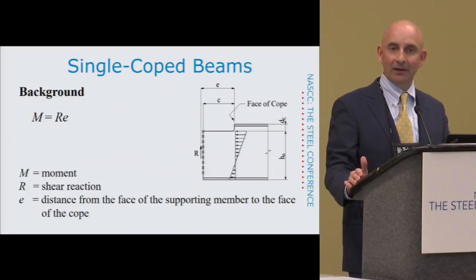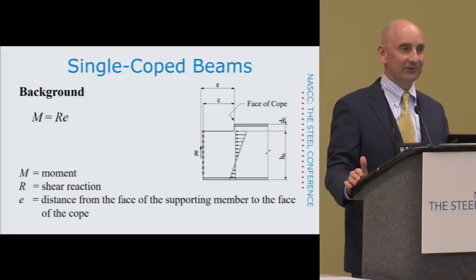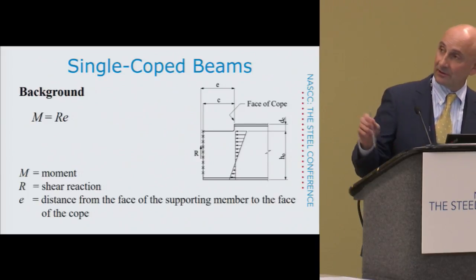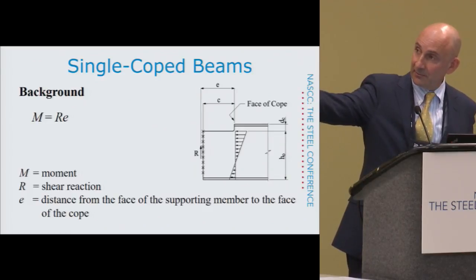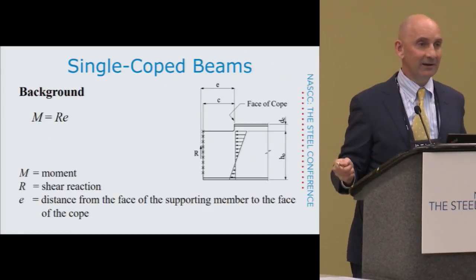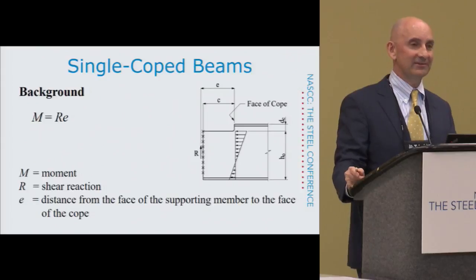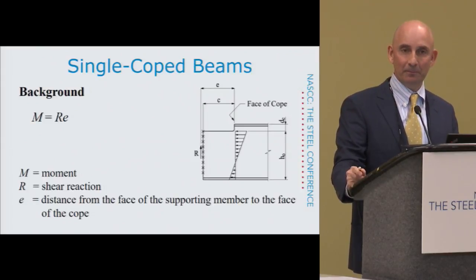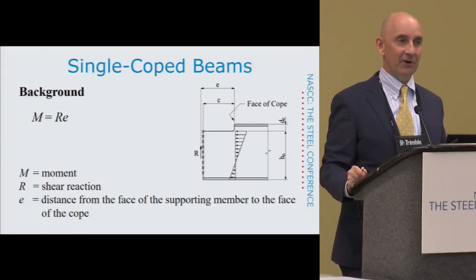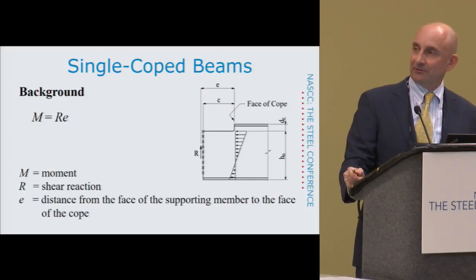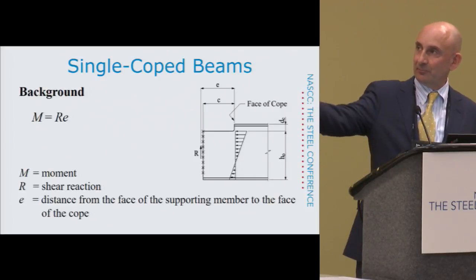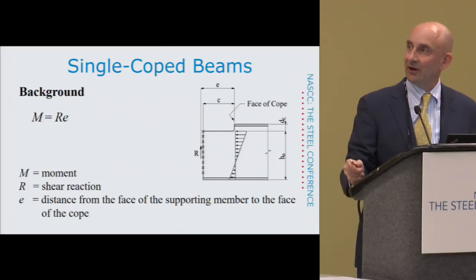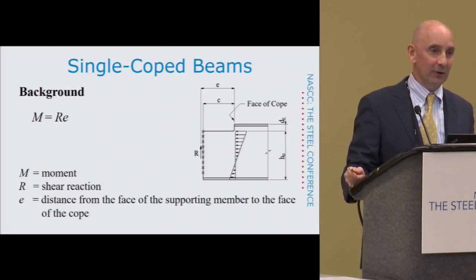But right now, we're going to say that we're dealing with a frictionless pin as an end connection, and that is going to be right here at the end of our beam, right where this R is applied. We're saying that R is applied at the face of the supporting member for now. And that's given by the definition, and the picture shows E up there to the face of the cope, from the face of the supporting member to the face of the cope.